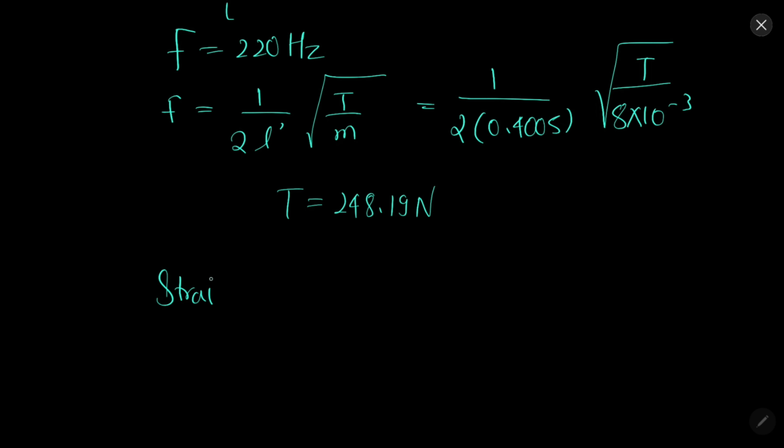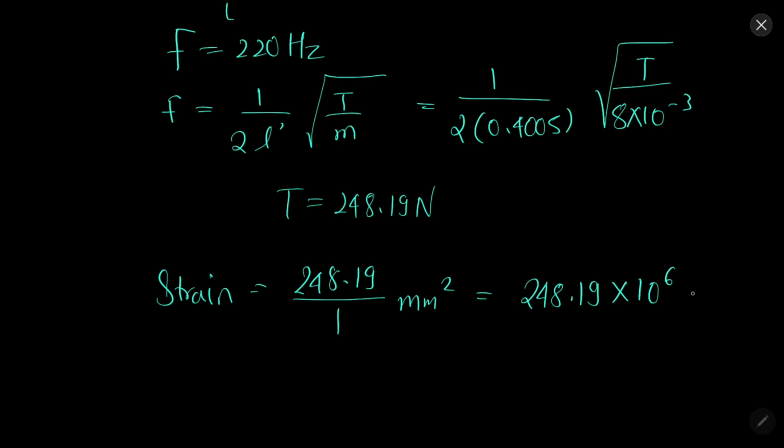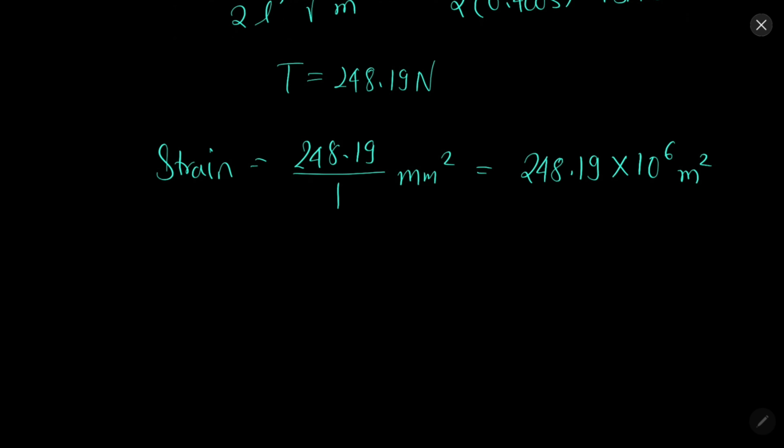So stress will be 248.19 over 1 mm square. So it will be 248.19 into 10 to the power 6 per meter square.